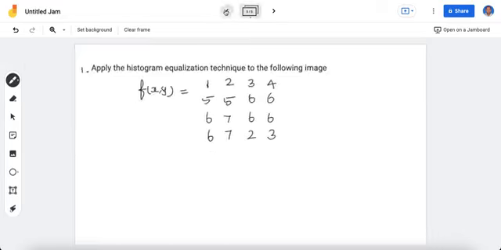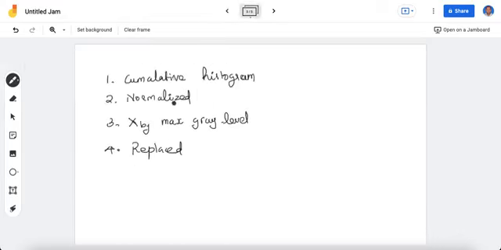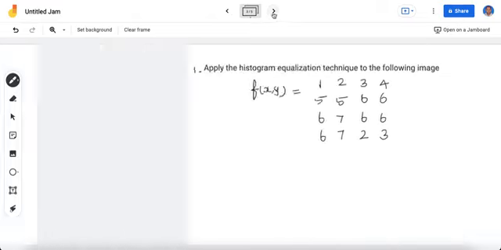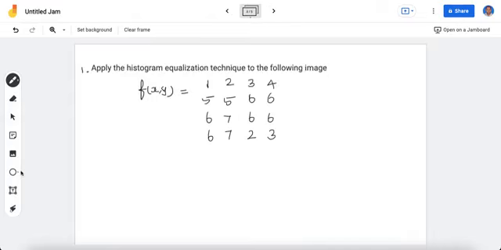And what is the next step? After getting your normalized value, we have to multiply the same with the maximum gray value. Here in the given problem, you carefully check 1, 2, 3, 4, 5, 6, 7. The maximum intensity is 7. So this we have to consider. If the maximum intensity varies in the given image, we have to consider the same.